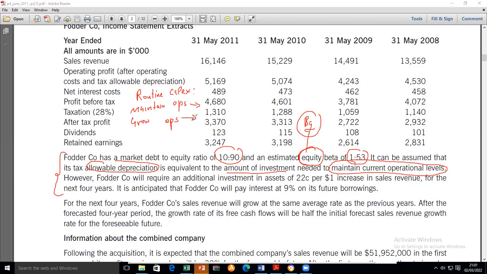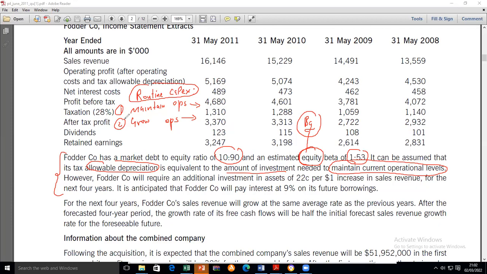And somebody asked the question, is it possible that we can have both of these two types of routine capital expenditures, Mr. Perry? I say there's no reason why you can't have both of them. The routine capital expenditure needed to maintain operations and to grow operations, we can have both.